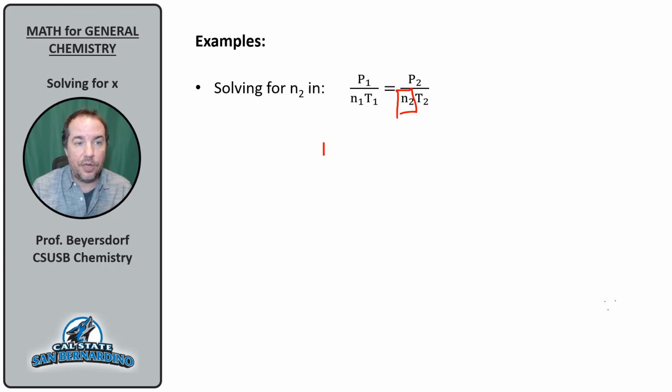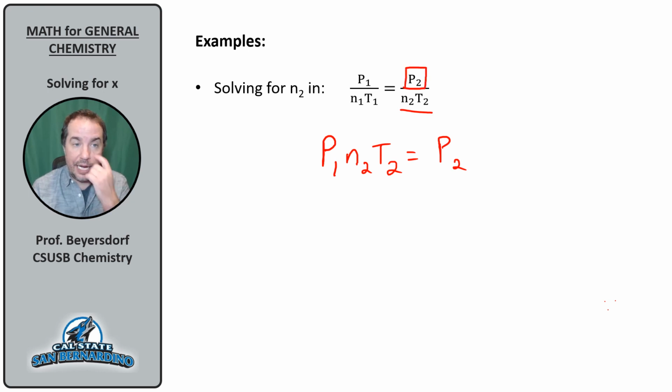So I'm going to take P1 times the denominator over here on the right, N2 T2, equals the numerator on the right times the denominator on the left. So I cross multiply. So I now have P1 N2 T2 equals P2 N1 T1.